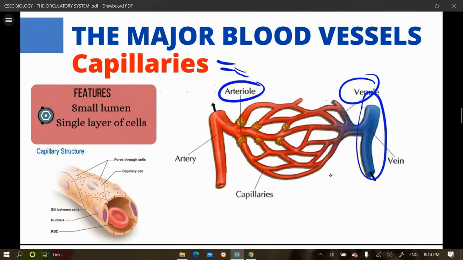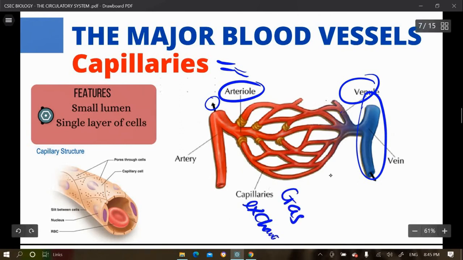Okay? So let me go through that again. Let's say artery, away from the heart. So oxygenated blood is brought away from the heart through an artery. When the artery gets to, let's say, a muscle, it will branch into arterioles, and the arterioles will further branch into capillaries. At the capillaries, gas exchange will occur.